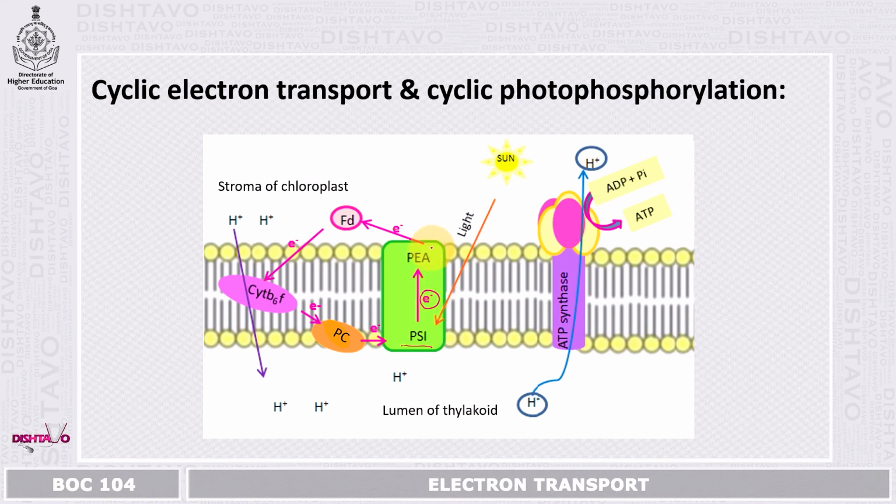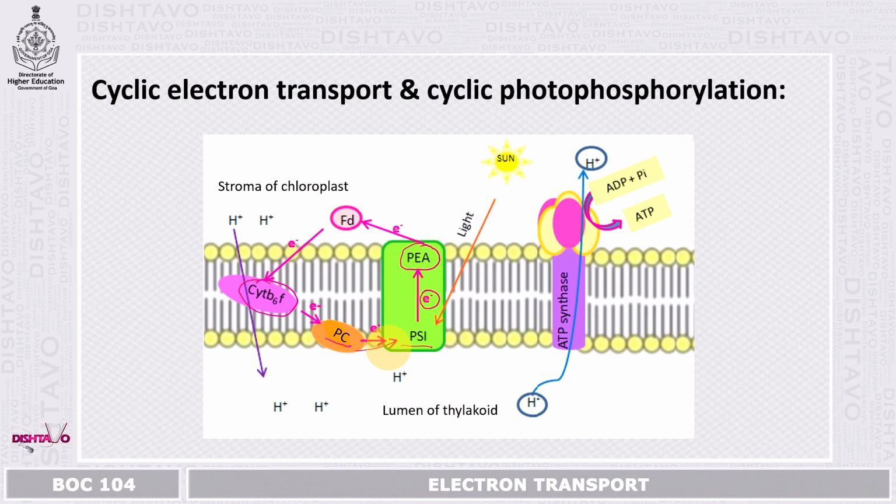These are accepted by a primary electron acceptor and transferred to ferredoxin. From ferredoxin, the electrons are transferred to the cytochrome B6F complex. The electrons move down the gradient through plastocyanin and enter back into photosystem 1 in a cyclic fashion.